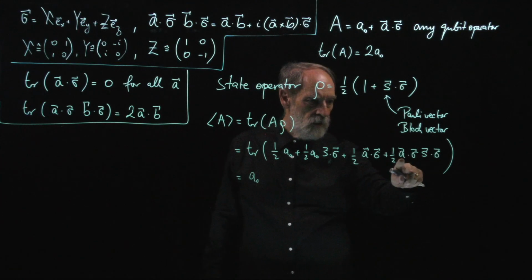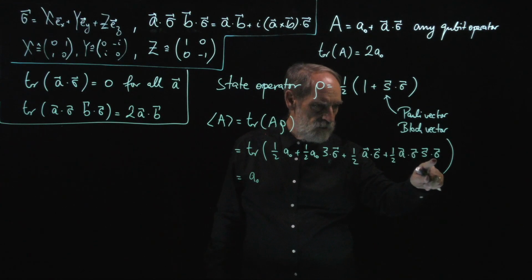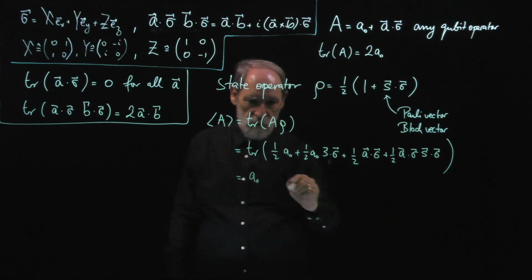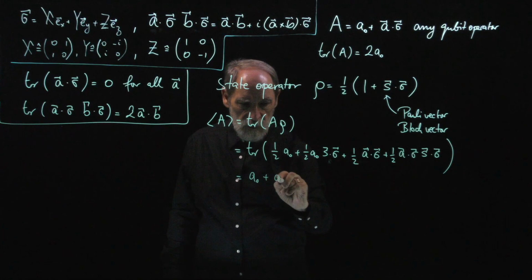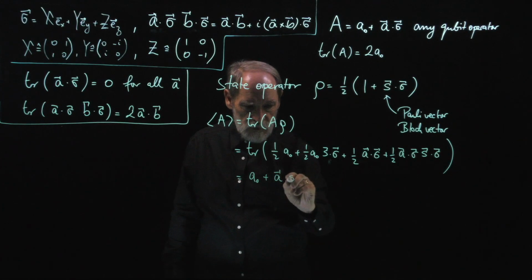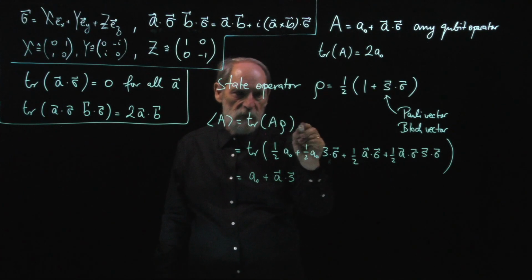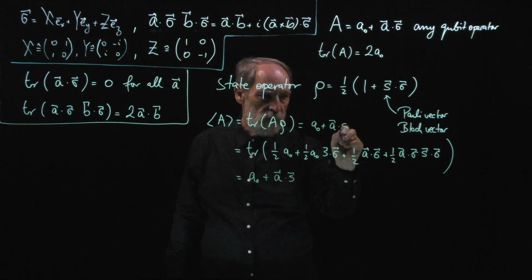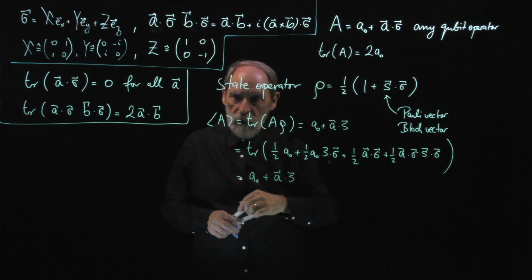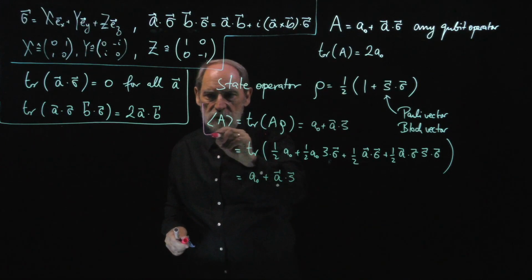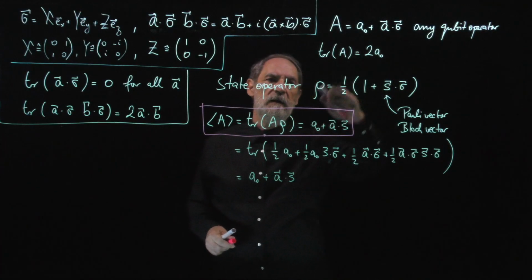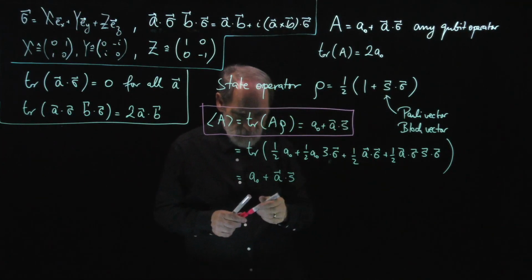So here we get the trace of A dot sigma, S dot sigma would be 2 times A dot S, but there's a half here. So we just get A dot S. So the expectation value of A is A0 plus A dot S, for a general operator for a qubit of this form, and the state operator written in this standard form.